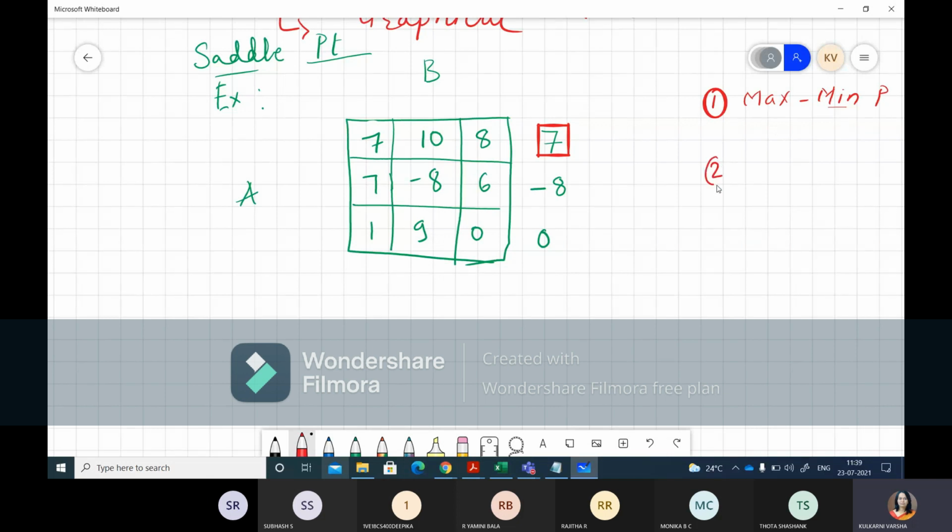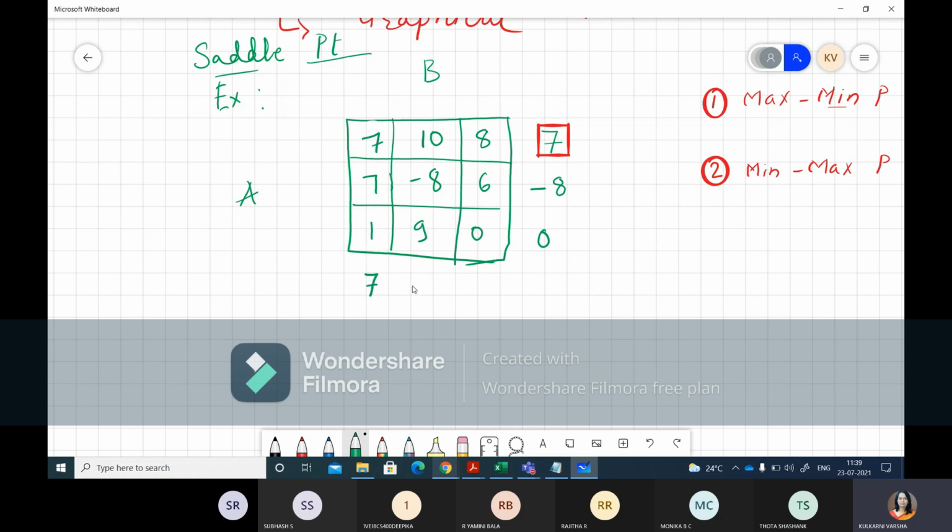Then the next step is to go for the minimax principle. What is the minimax principle? From each column find the maximum number, and from those maximum numbers find the minimum one. So now we go for the second step. From this column, 7 is maximum.